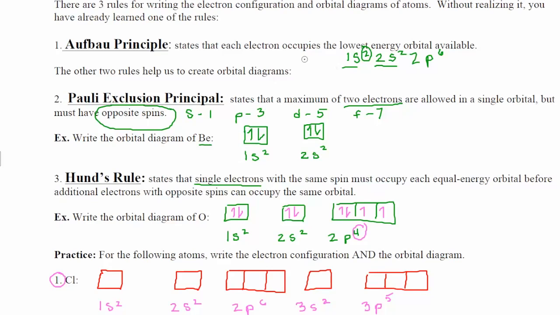So, electrons. Let's do this. I've got 2 electrons here, so one's going to be spinning up, one's going to be spinning down. For 2s, I've got 2 electrons, one spinning up, one spinning down. For 2p6, I've got to fill it according to Hund's rule. So I'm going to have them all with the same spin, and then I'm going to go back and fill.